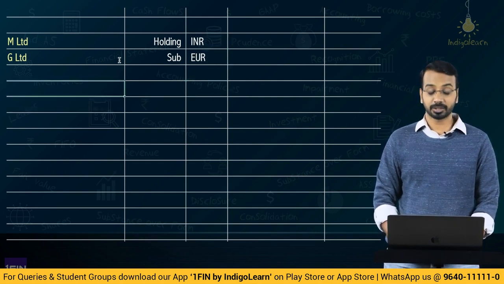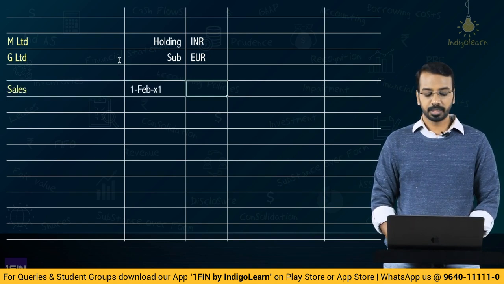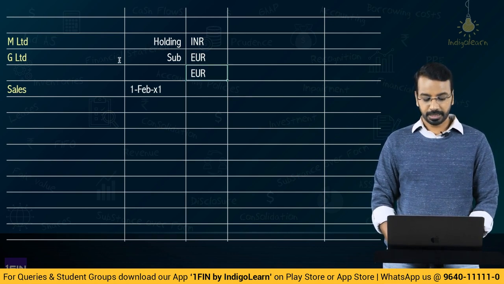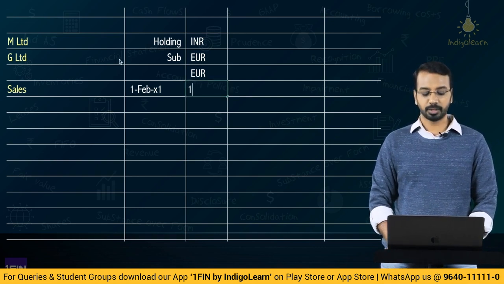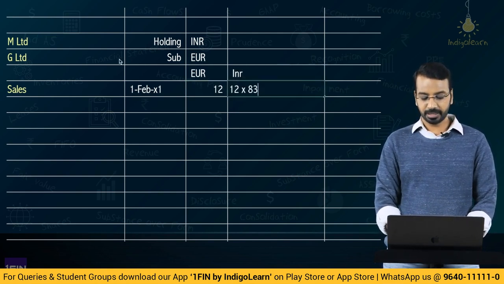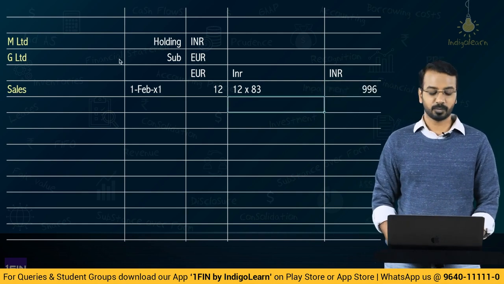On the date of transaction, sales on 1st of February of year 1 in euro, it is 12 lakhs. So I am just writing 12. Now what is the equivalent INR? Equivalent INR is 12 multiplied by 83, that gives us 996.